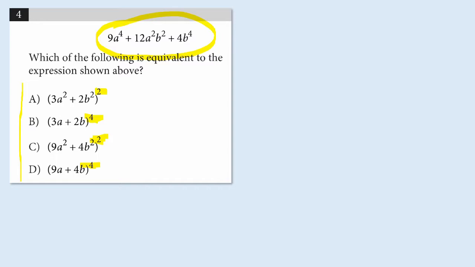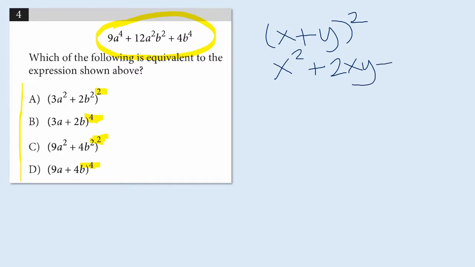Specifically, you may remember that x plus y squared equals what? It's x squared plus 2 times the product, which is xy, plus y squared. So that's the pattern we want to have in mind. And you can always FOIL x plus y squared to get this expression if you didn't remember it.